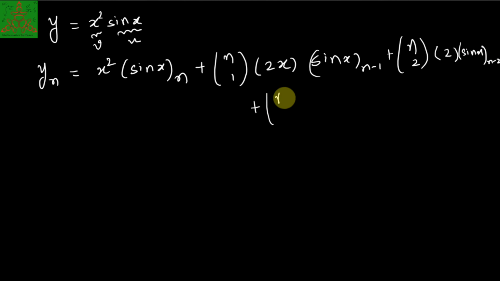Further nC3, the derivative of 2 is 0, and sin x n minus 3, and all further terms will become 0.